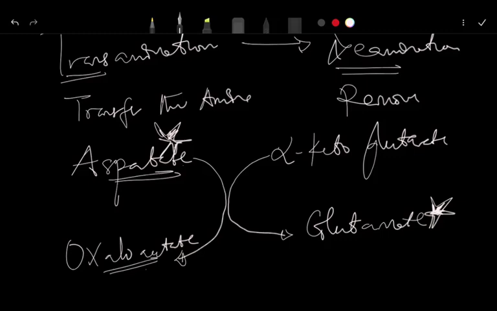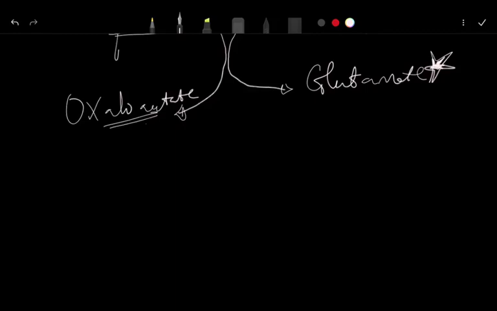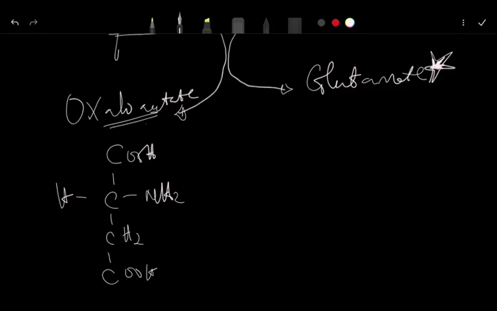So the transamination reaction simply means you are transferring the amino group from one amino acid to form another amino acid. Let me show you in structure. This is aspartate here. It contains 4 carbons. Here is the amine group, here is your H, here is H2, and here is COOH.